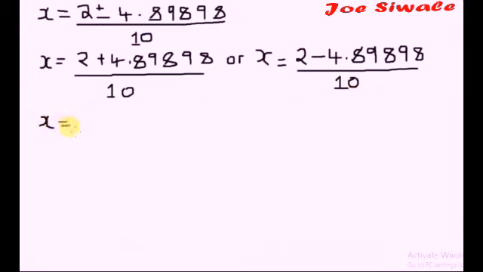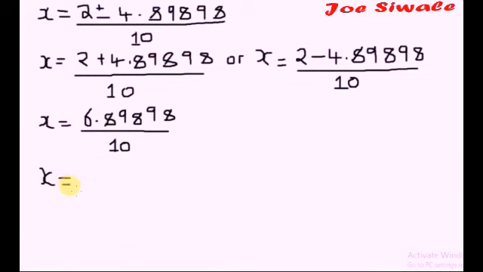Then x equals 2 plus 4.89898, that's 6.89898, divided by 10. I'm going to first deal with this solution.